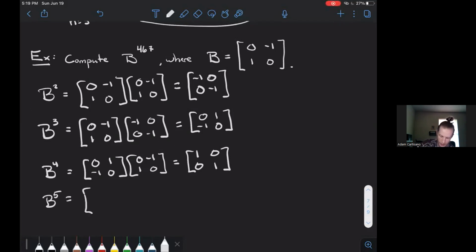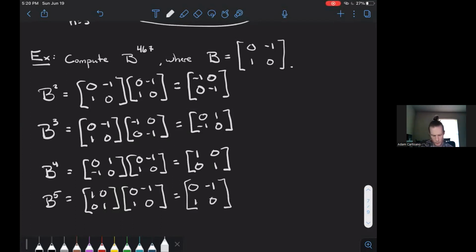I'll write it one time: [1, 0; 0, 1] times [0, -1; 1, 0] is [0, -1; 1, 0], which is b. Multiplying by the identity is like multiplying by 1.